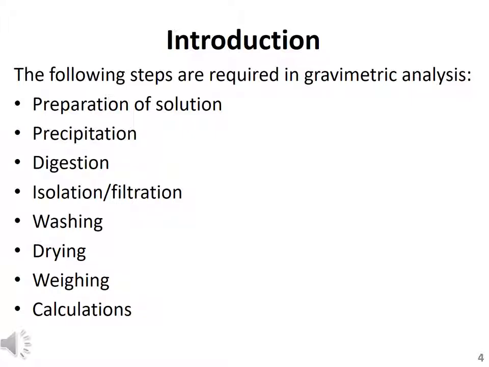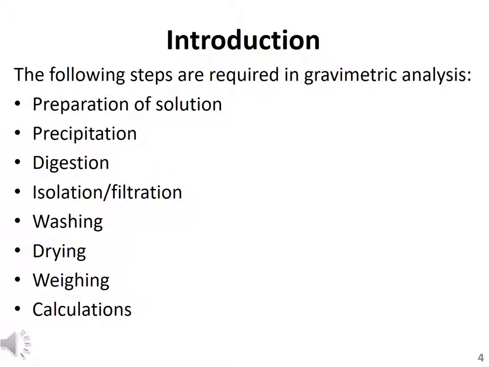These steps include preparation of a solution, followed by precipitation, digestion of the precipitates, and then isolating these precipitates from the mother liquor through the filtration process, then washing of the precipitates, drying, weighing of the precipitates, and then finally the calculation involved in this gravimetric analysis to calculate the exact concentration of the target analyte.